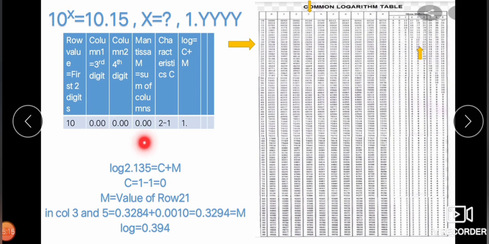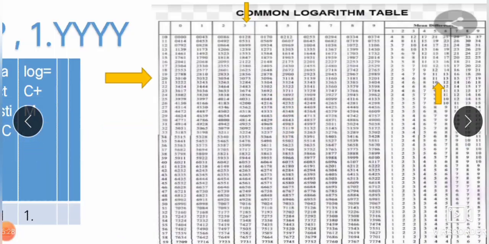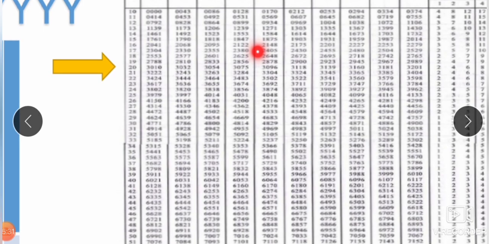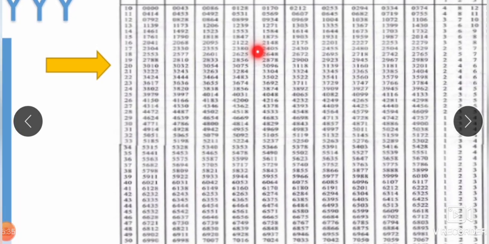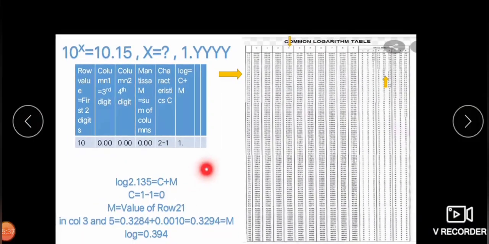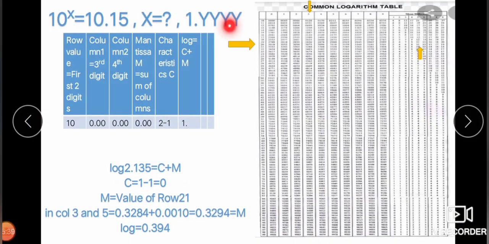Add these values and we get here value 1.0064. 1.0064 is the power or index. It is known as log of 10.15 to the base 10.